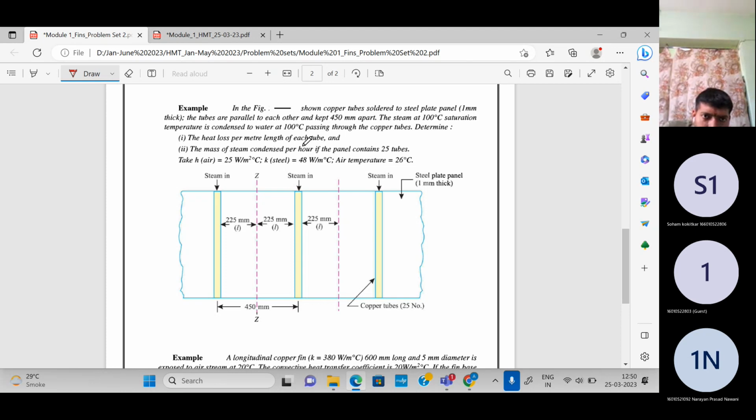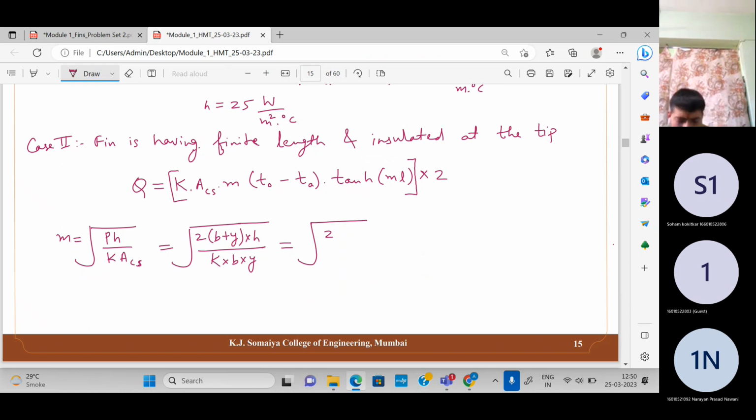Heat loss per meter length of each tube. Okay, so that will be 1. Here this B will come. What is the thickness? 1 mm, so it will be 0.001.